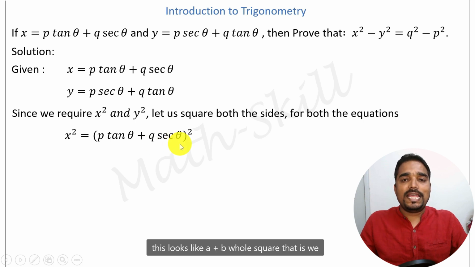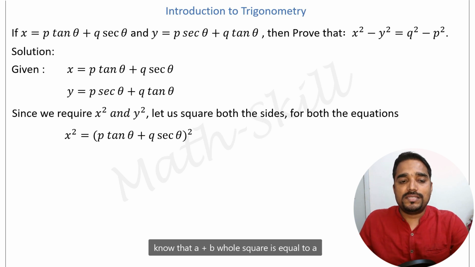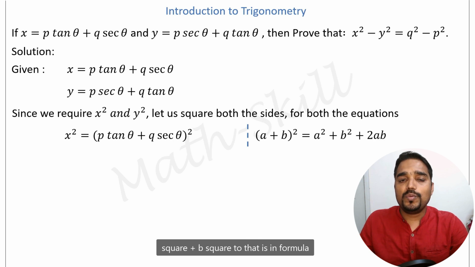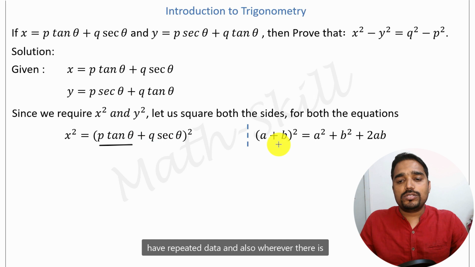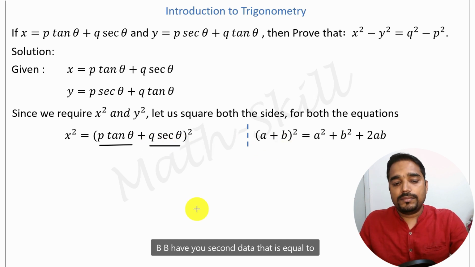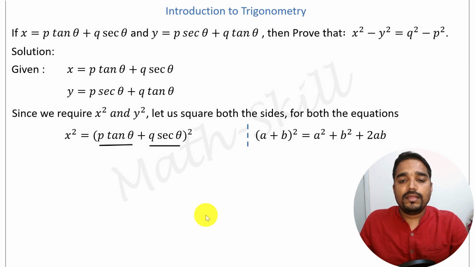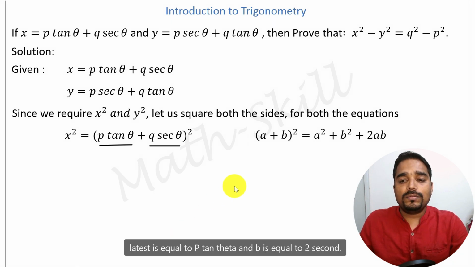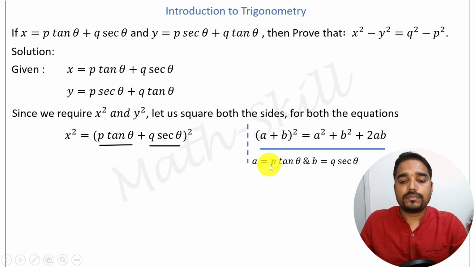Now this looks like a plus b whole square. We know that a plus b whole square is equal to a square plus b square plus 2ab. Wherever we have a in the formula, here in the numerical we have p tan theta, and wherever there is b we have q secant theta, that is a is equal to p tan theta and b is equal to q secant theta.